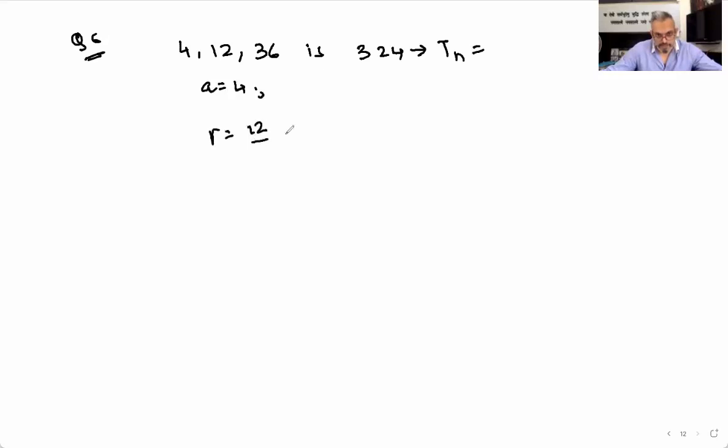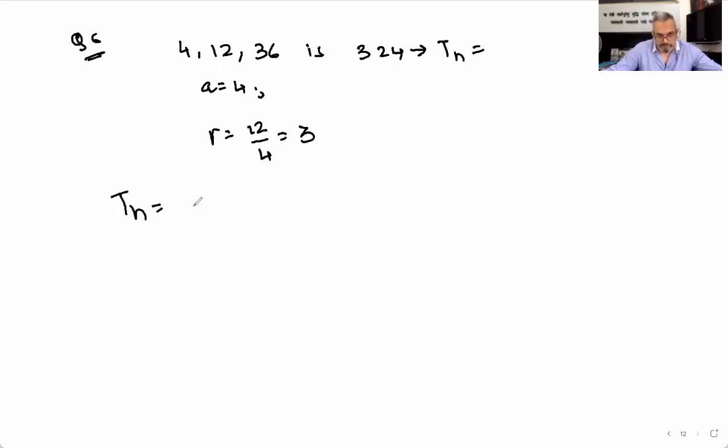Now, which term of the GP 4, 12, 36 is 324? So this is which term? So we have to find Tn for this. So A is equal to 4, R is equal to 12 by 4, which is equal to 3.